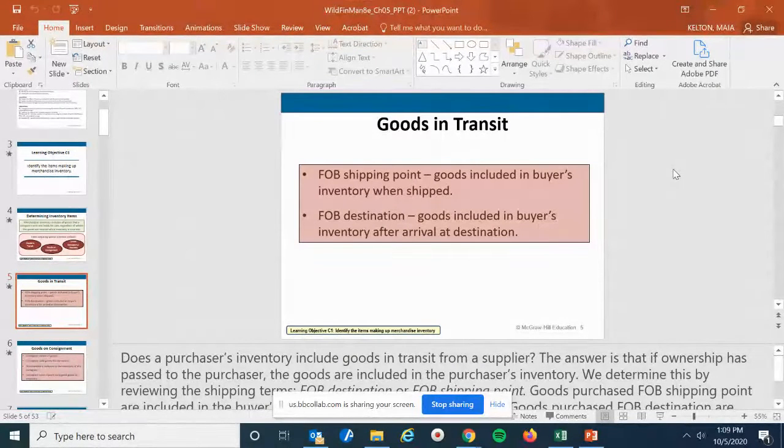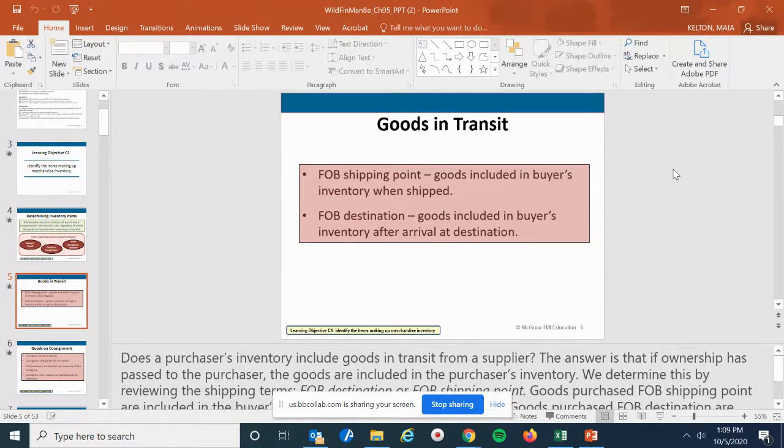However, FOB destination is different. FOB destination means that the ownership or the legal title of the goods sold exchanges hands. It transfers from the seller to the buyer when the goods arrive at destination.